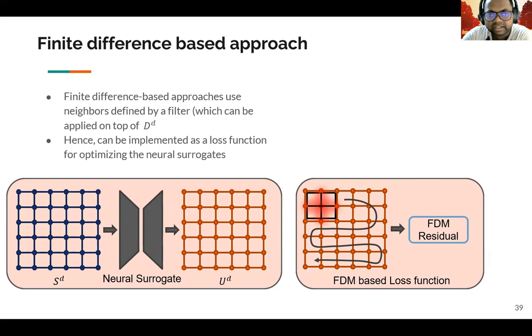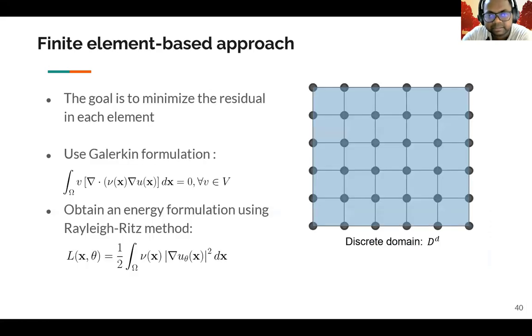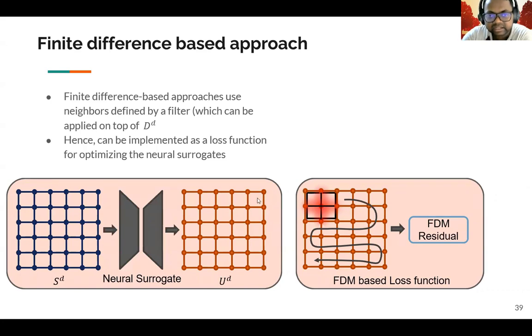Now we look at a finite element based approach. By the way, there are several papers, not just one or two, using the finite difference approach, where researchers have used both the strong form, the weak form, and other kinds of approaches like a Ritz form, functional form, or an energy functional form to compute these residuals, and then you can perform the optimization.